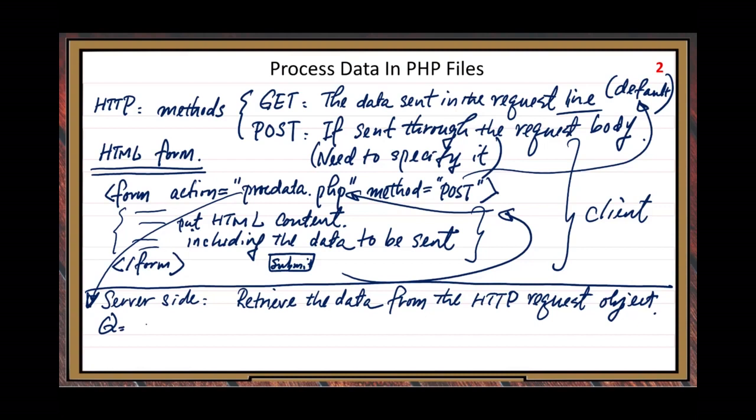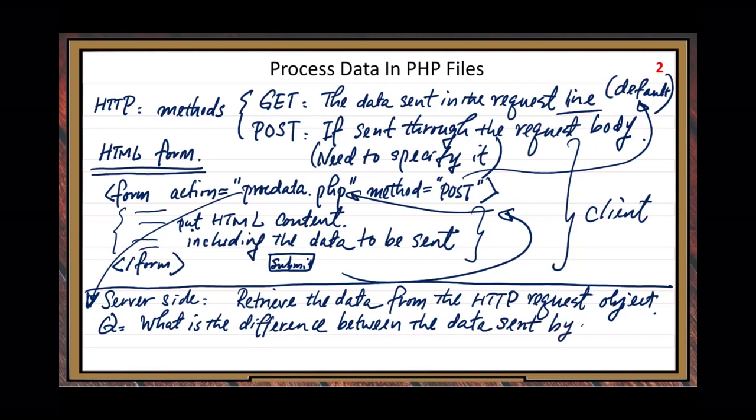The question: what is the difference between the data sent by the get method and the post method?